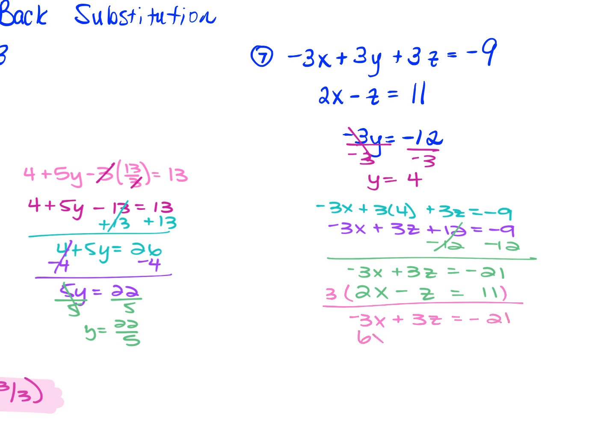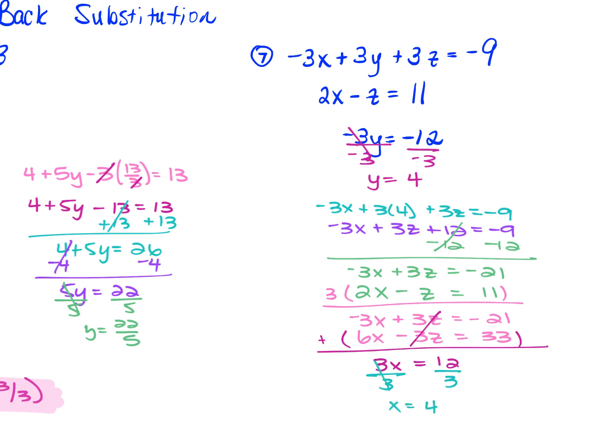Bottom turns into 6x minus 3z is equal to 33. If I combine these, my z's cancel. It's going to leave us with 3x is equal to 12. Divide each side by the 3, and your x is 4.